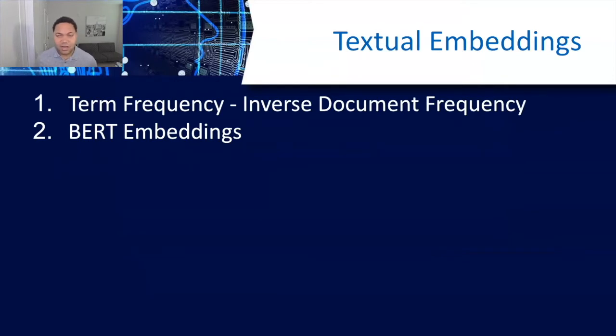Textual embeddings are needed for any NLP task. They normally come in the form of these two: either a term frequency inverse document frequency embedding or transformation, or what's called BERT. So a BERT embedding, which I'm going to tackle first, is a reference to transfer learning. There's a model called the BERT model that has been trained by Google.